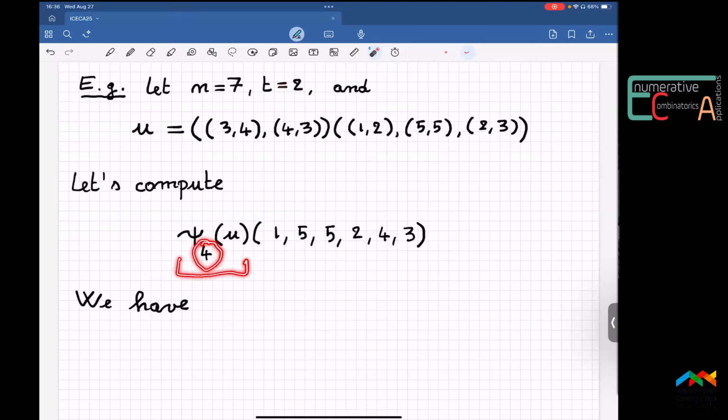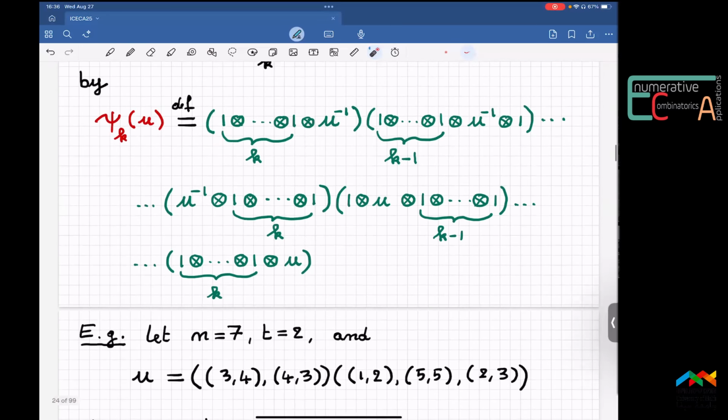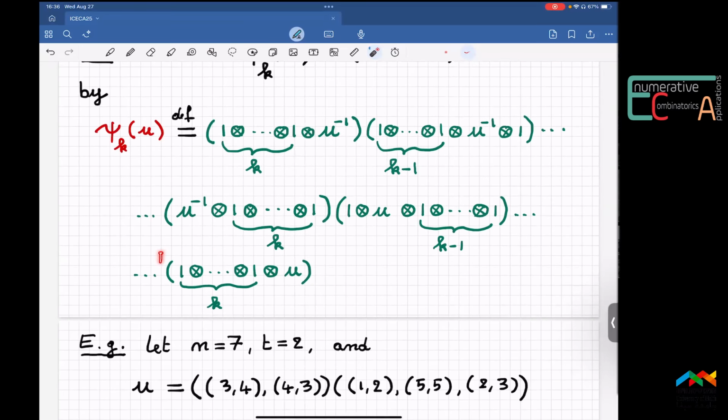So psi 4 of u acts on 6-tuples of numbers, each one from 1 to 7. I'm going to compute psi 4 of u on this particular 6-tuple, 1, 5, 5, 2, 4, 3. I remind you that multiplication for me is composition of functions. So the first one that I apply is this one.